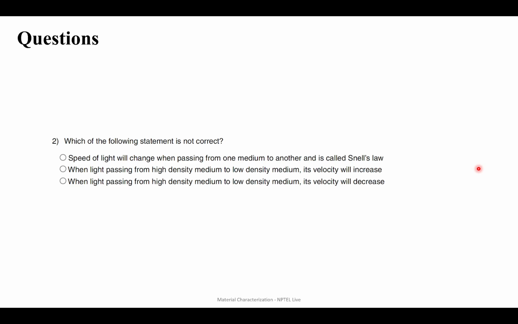When light passes from high density medium to low density medium, its velocity will decrease. Which of these is not correct? Anyone?